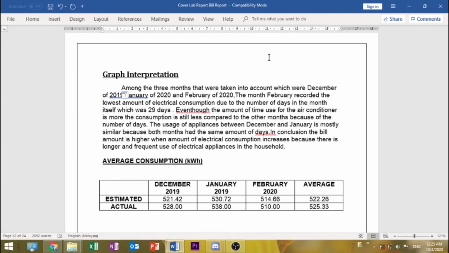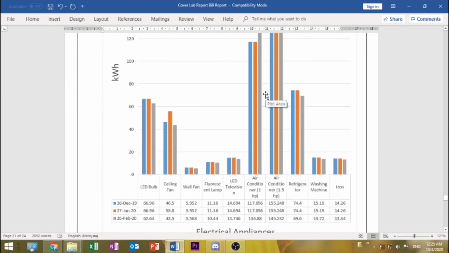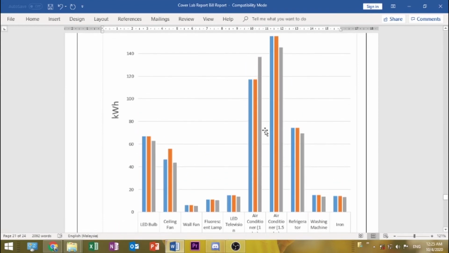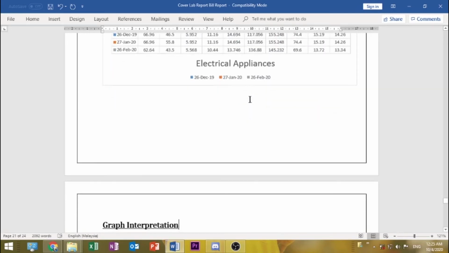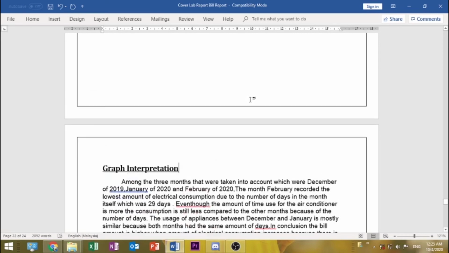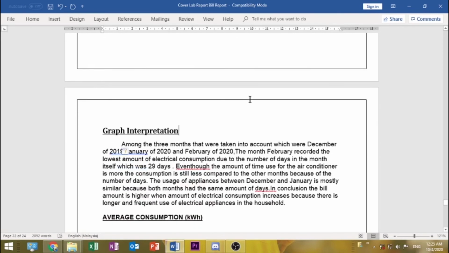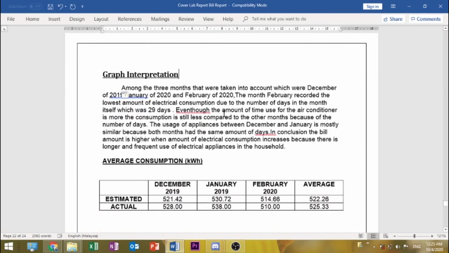And even though, like you can see in the graph, the amount of time used for the 1 horsepower air conditioner differed a lot from the other 2 months, it still was the least consumption of the months because it only had 29 days. So the usage of appliances, as I said just now, between December and January is mostly similar because they had the same amount of days.